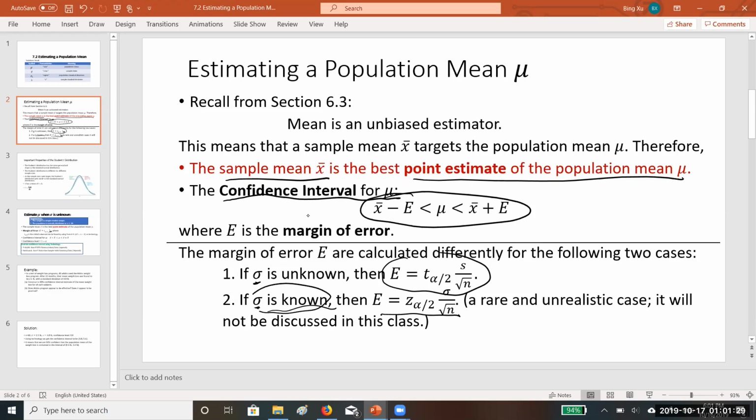But this is usually not happening because you're trying to know the population mean, right? That means you don't know the population mean, but somehow you know the population standard deviation. This is calculated by using the population mean. So usually this won't happen. This case is really rare and unrealistic. So usually we're talking about the case when we don't know the population standard deviation and we're trying to estimate the population mean.